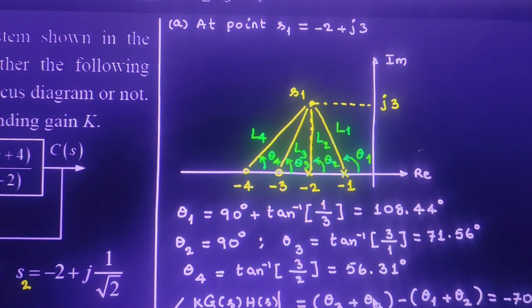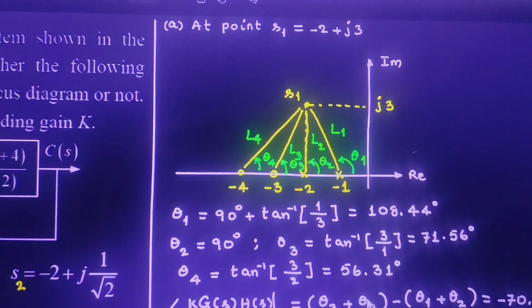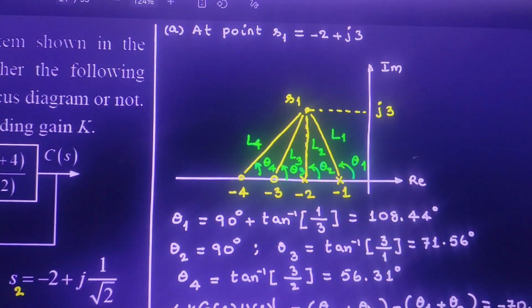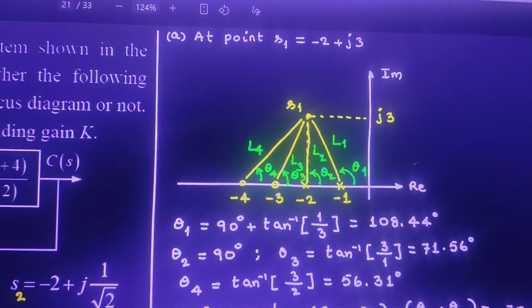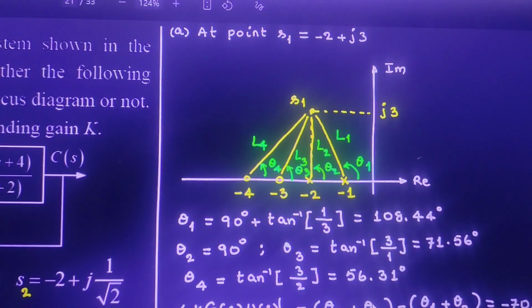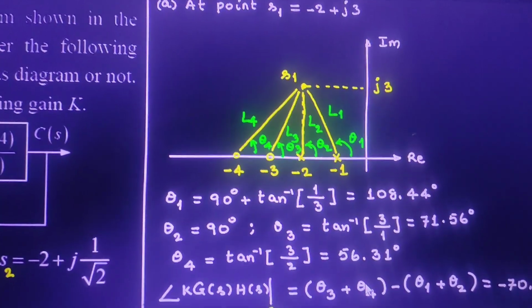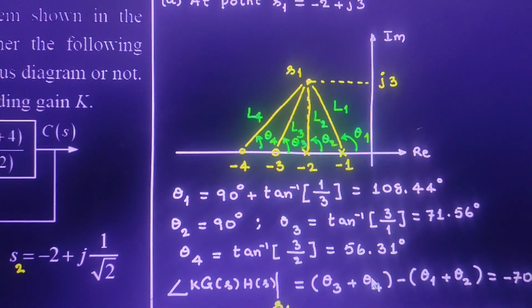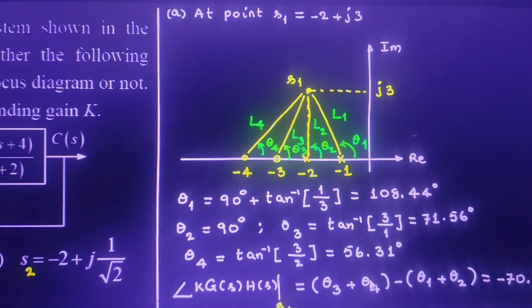So on the horizontal axis you have negative and on the vertical axis you have positive, so it lies in the second quadrant. So we took the angle theta 1 equals 90 plus tan inverse 1 by 3.